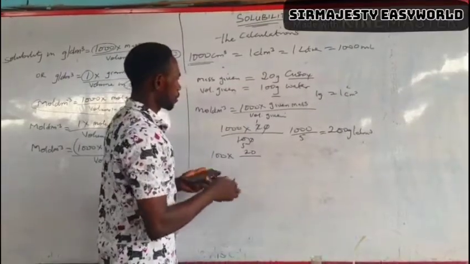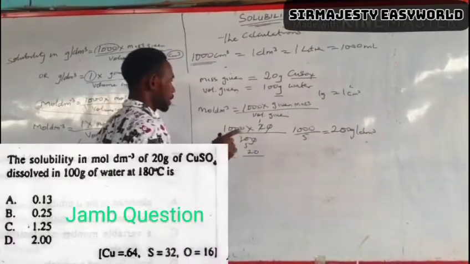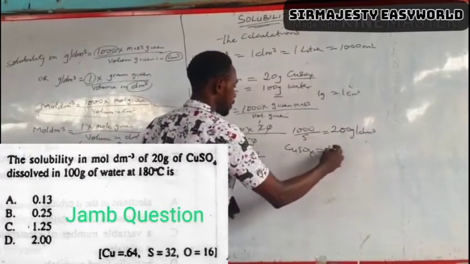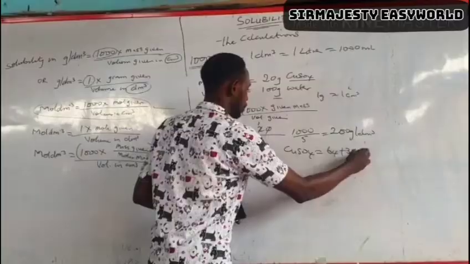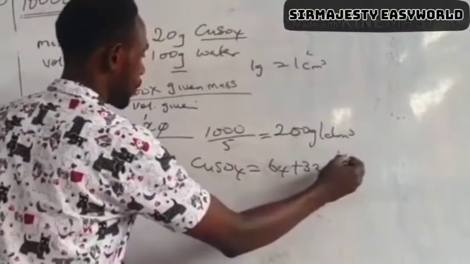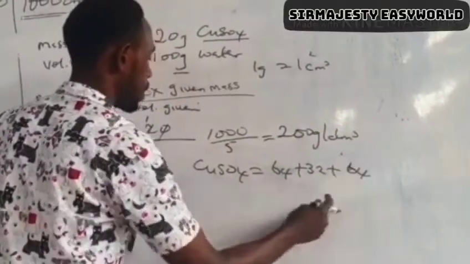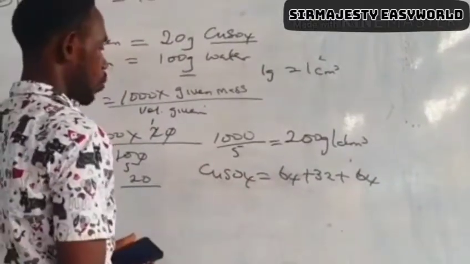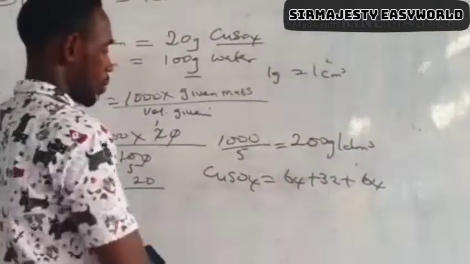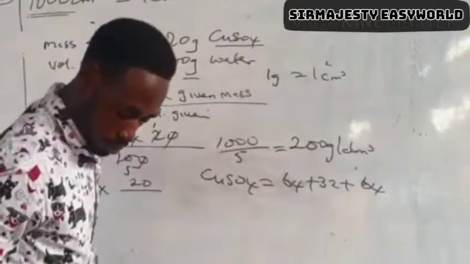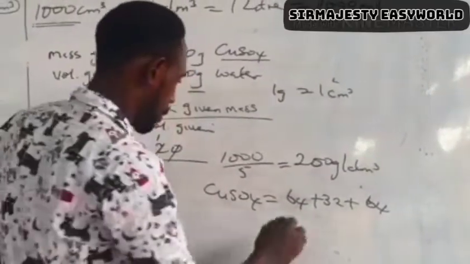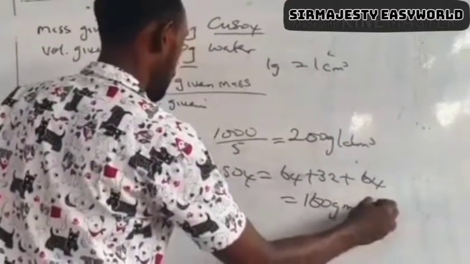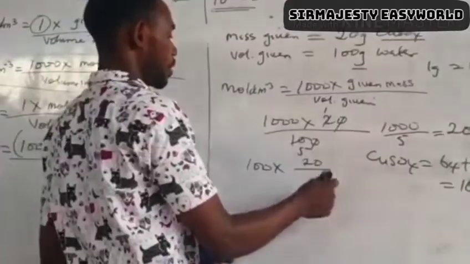The molar mass of CuSO4, you can see there on the screen, copper is 64 plus 32 plus 16 times 4, which is 64. So we have 64 plus 64, giving us 128, then 128 plus 32, 160. We have exactly 160 gram per mole. So the molar mass of copper(II) tetraoxosulphate(VI) is 160.